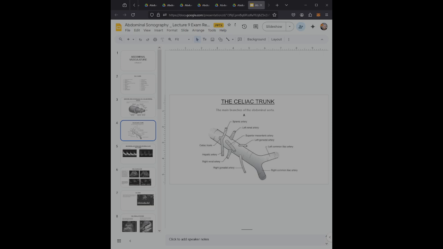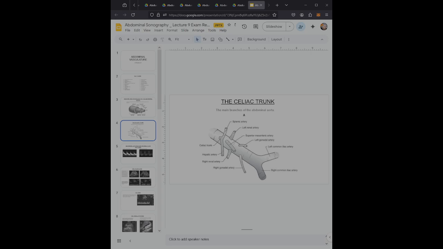So the celiac trunk, which may be referred to as the celiac artery or the celiac axis, is the first main visceral branch of the abdominal aorta, and its branches supply blood to several vital abdominal organs.